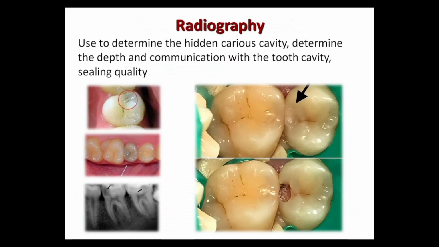Next method, number 3, radiography. We use it to determine the hidden caries cavity, determine the depth and communication with the tooth cavity, and sealing quality also. For example, in this picture you can see just changes of color, not caries cavity, and also here.